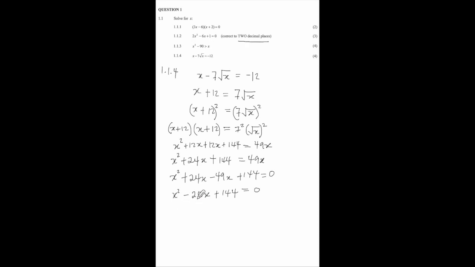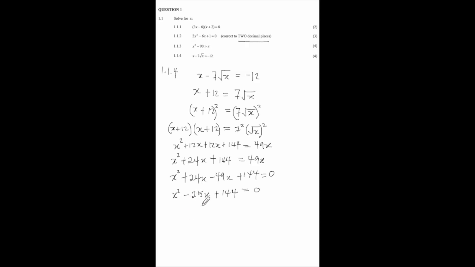So again, I have to look for factors which can replace negative 25x. Like I did before, 144 multiplied by x squared gives me 144x squared. So I have to look for factors which, if I add them, give me negative 25, and if I multiply them, give me 144.